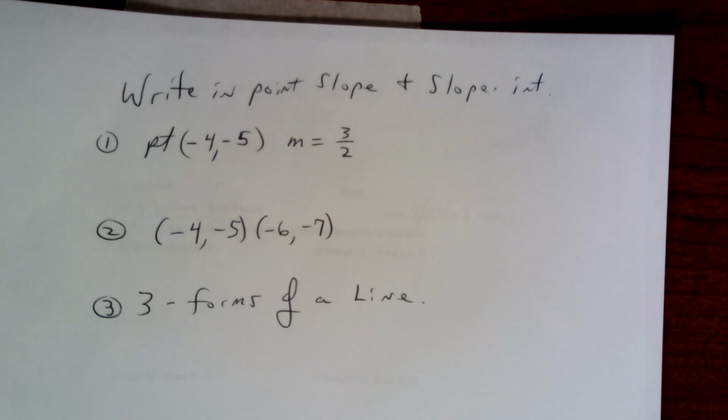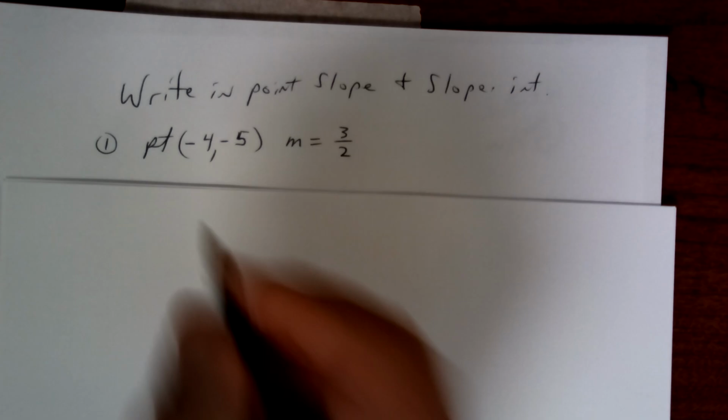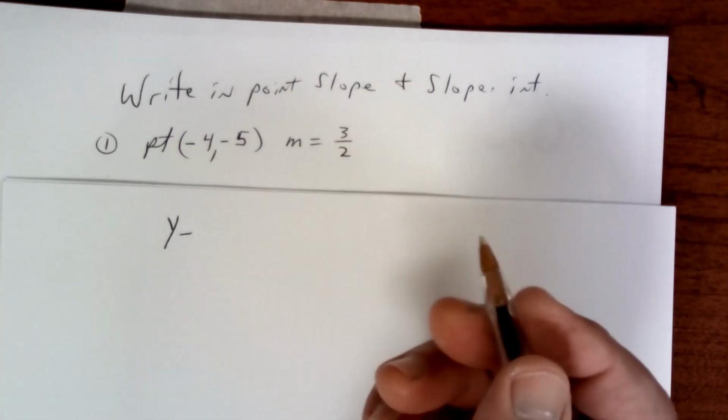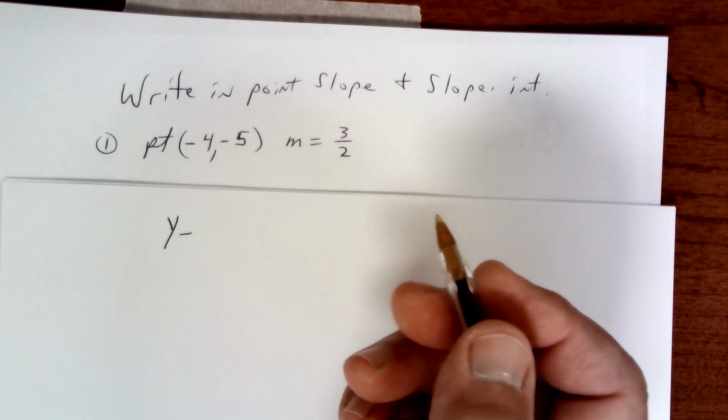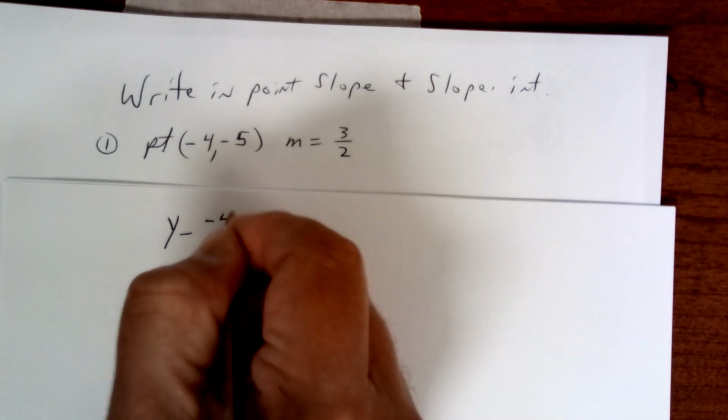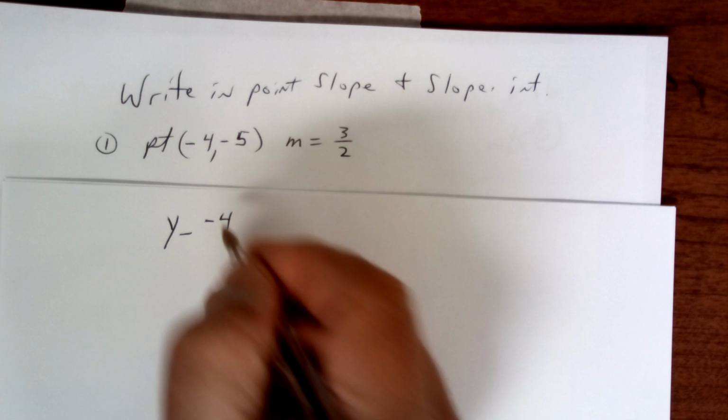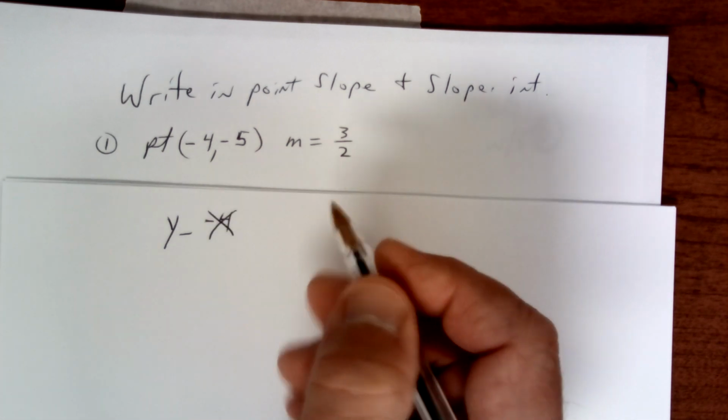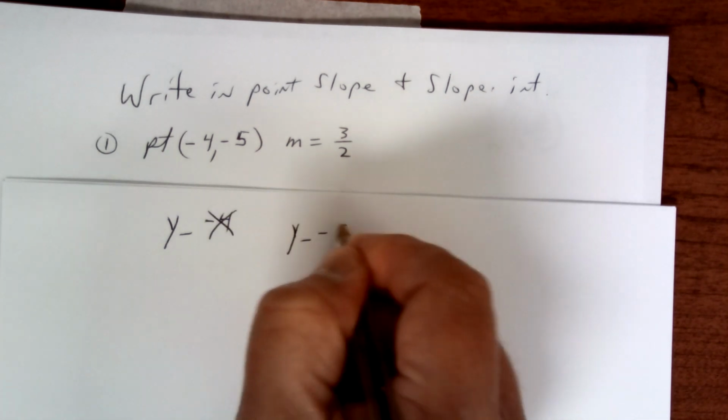We're going to find the point slope form and slope intercept form. So here we go. Point slope is going to be y minus the y. Now if you use 4 or negative 4, that's your x, so that would be wrong. So it's going to be y minus a negative 5. Remember, it's the second one.